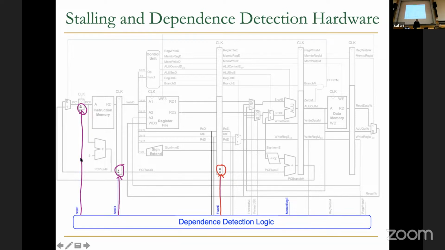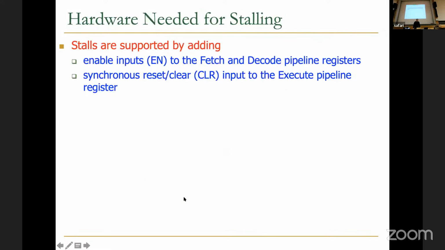Whenever you want to stall, you need to make sure that the fetch and decode stages keep the current instruction, the stalled instruction, and it is not going to move. So you should stall them with these 2 control signals. And in the later downstream stages, you need to flush the pipeline, so you have this flush, which is kind of an invalidated instruction.